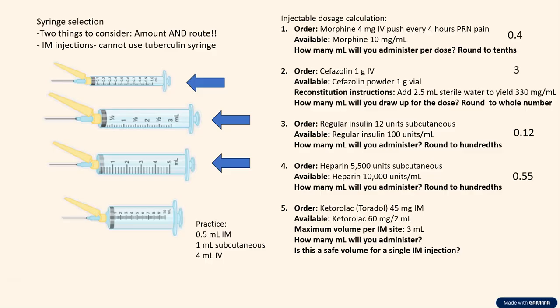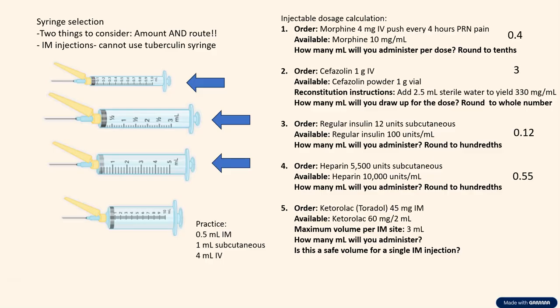Let's look at the final one. Ketorolac or Toradol, 45 milligrams IM. The supply dosage is Ketorolac 60 milligrams per 2 milliliters. The first question asks, what is the maximum volume to administer in an IM injection? All IM injections should be a volume of less than 3 milliliters.